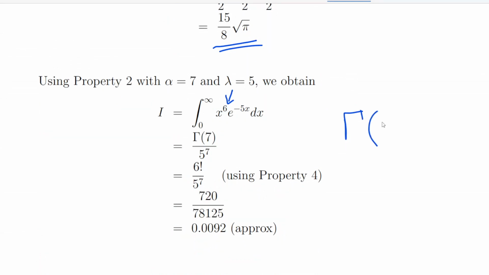That means we have a reasonably straightforward calculation. 6 factorial is 720. 5 to the power 7 is 78,125. Not the easiest numbers to work with, but not the hardest. So approximately that works out to be 0.0092. So that's it. We'll leave it there.